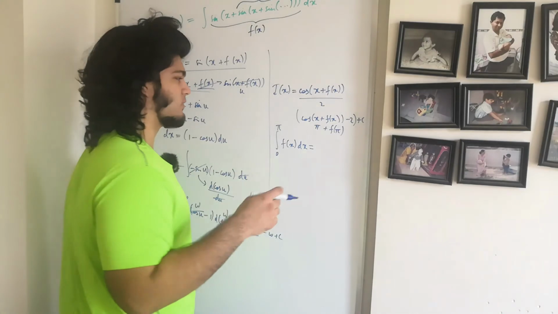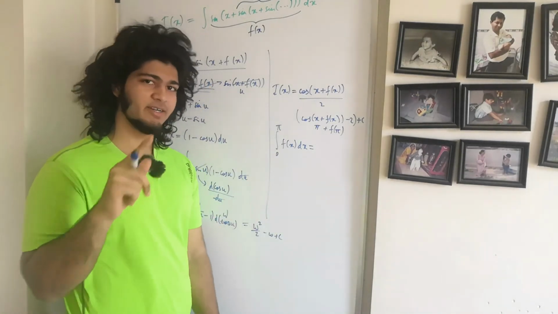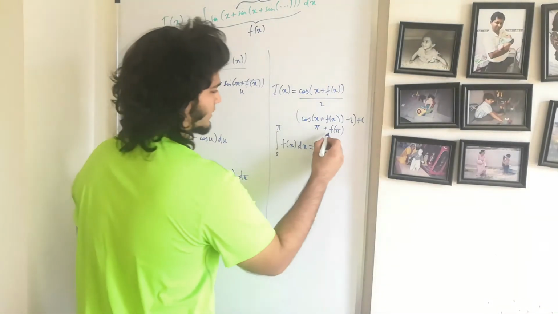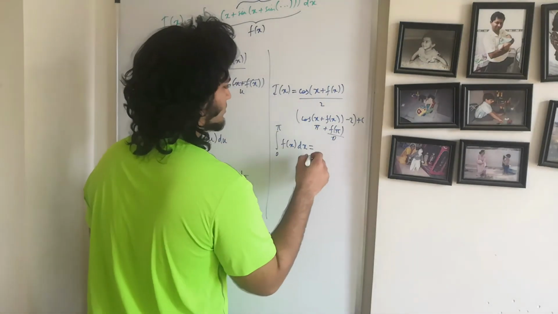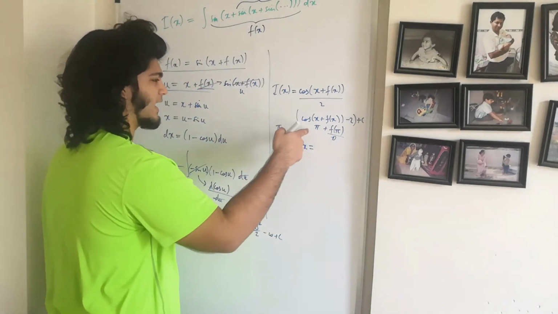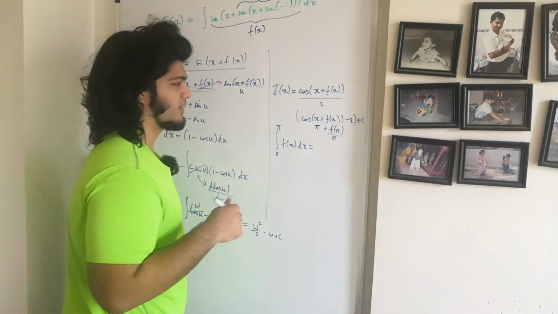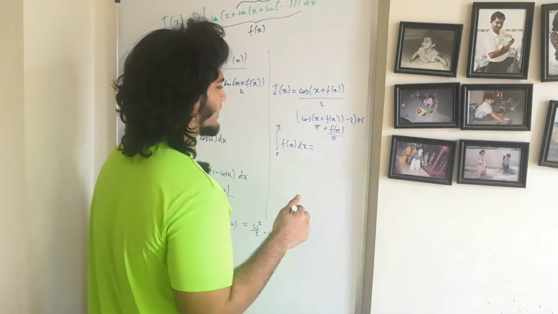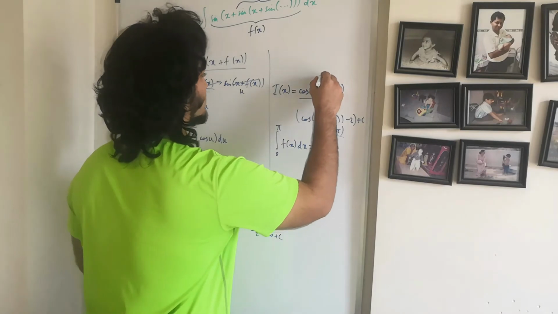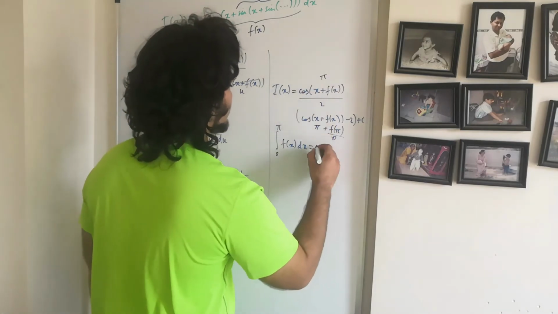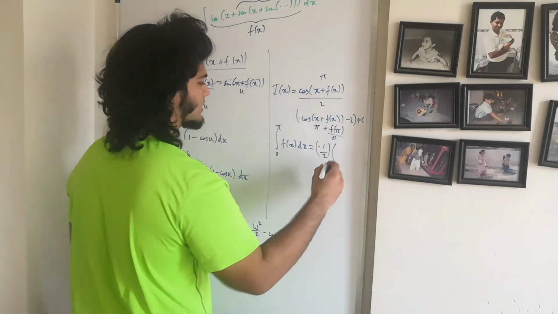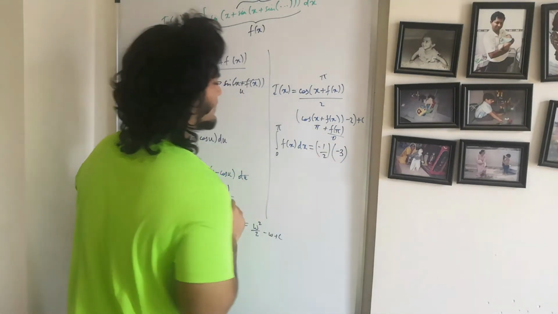If you have watched the previous video, and if you haven't, you should, you may remember that f of pi is nothing but 0. So x plus f of x evaluated at x equal to pi is just pi. So cos of pi is minus 1, and here also you'll have pi, so you'll have minus 1 by 2 times, and this is once again minus 1, so minus 3.